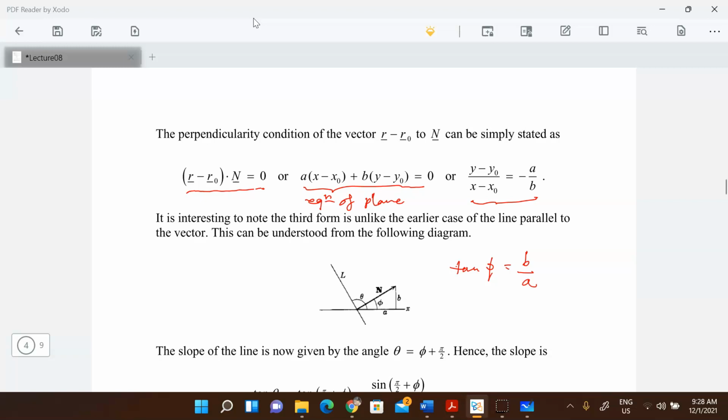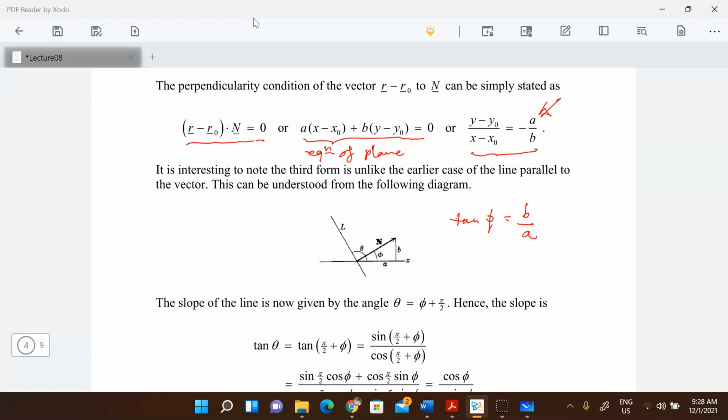Okay, and that is not the slope of this line. But how is this appearing here? It appears not in this manner, but as sort of the reciprocal of that with a minus sign. The way to understand that is to think of the angle between the line L and the x-axis, for example.